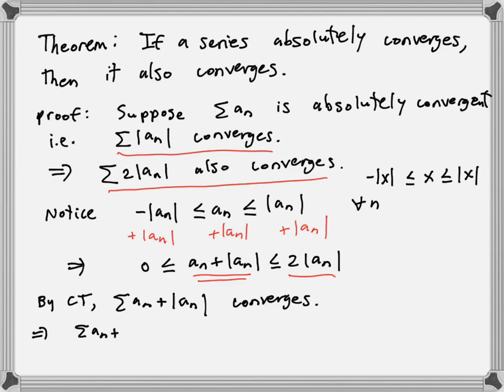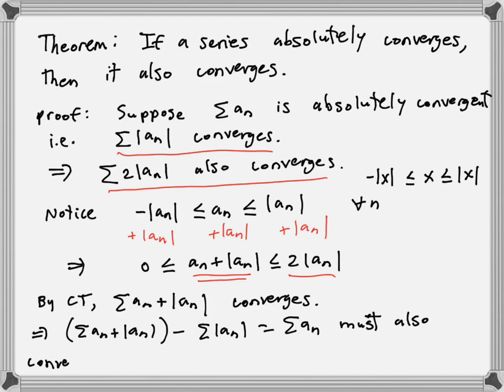This guy minus this guy is equal to just this guy, which must also converge, since it is the difference of two convergent series.